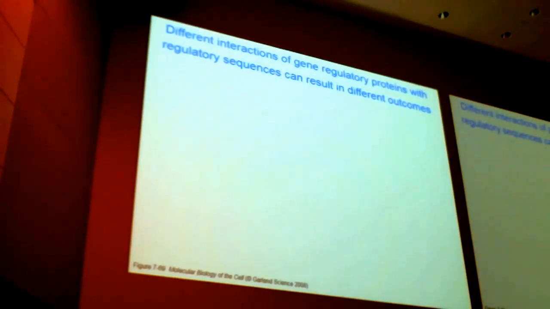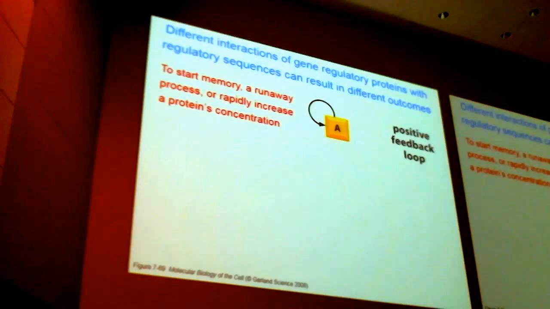these 4 different ways. Now, just because you have a protein that can act on itself doesn't mean the outcome will always be the same. Exactly how the protein acts on itself will dictate what sort of outcomes you get. And some of this might be familiar to people if you think about electronic circuits.